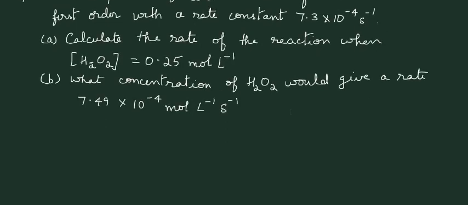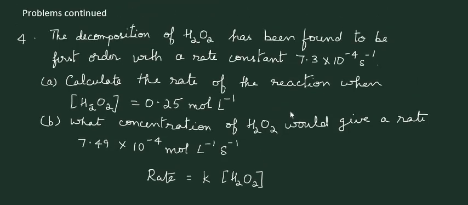So we know it is given that it is first order. So expression for the rate is equal to K into concentration of H2O2. Here they have given the rate constant as 7.3 into 10 raised to minus 4 second raised to minus 1.